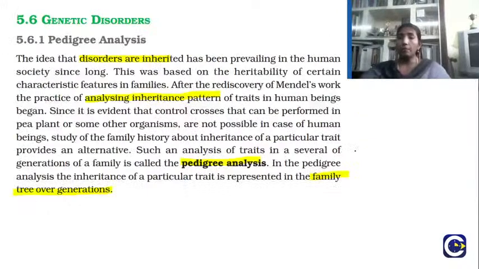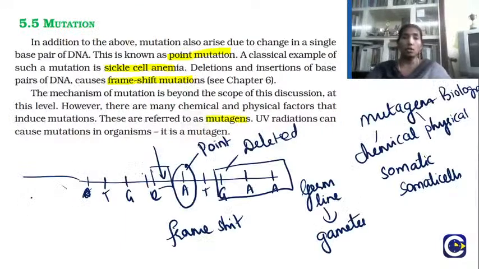When we speak of genetic mutation, based on structure it can be a point mutation, where at one point there is a single base pair change of the DNA. For example, sickle cell anemia.